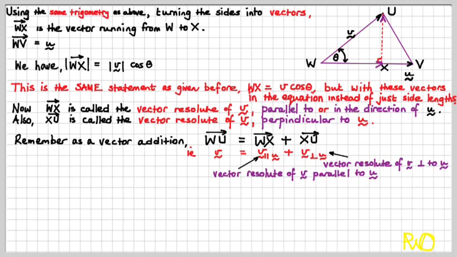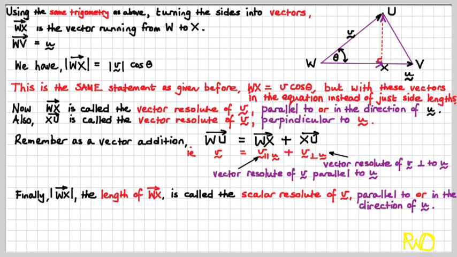So, all right. Finally, we can say that the length of wx, the length of vector wx, is called the scalar resolute of v, which is parallel to or in the direction of u. So that line from w to x is just a length. It's the length of the vector resolute parallel to u of vector v.